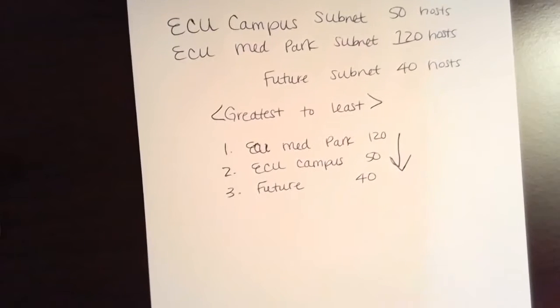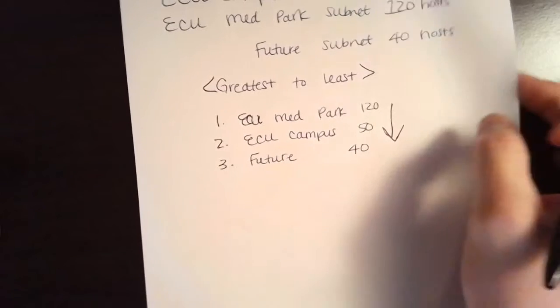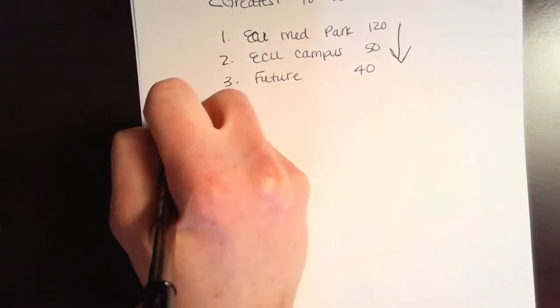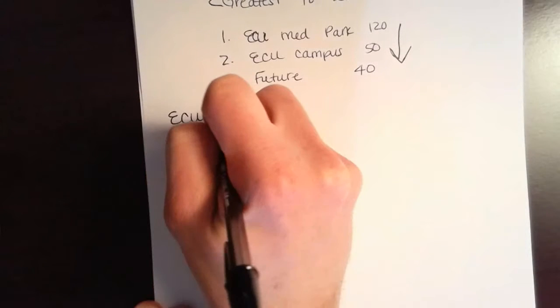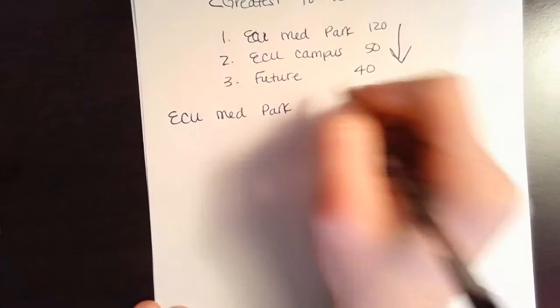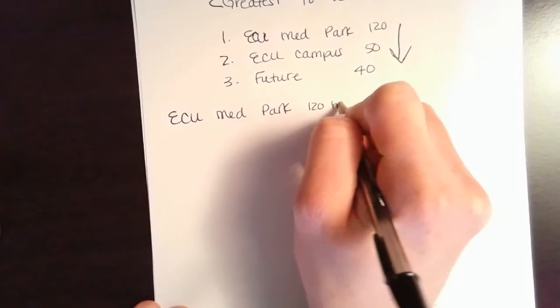So let's start first with our ECU Medical Park subnet, and we need 120 hosts available.